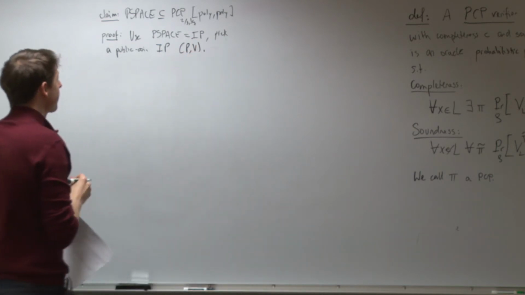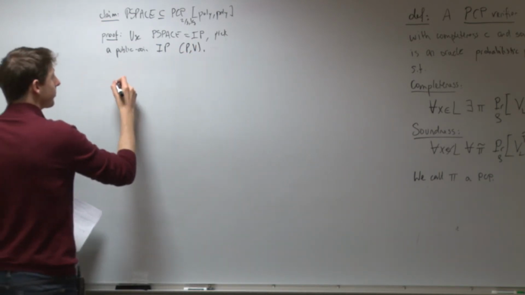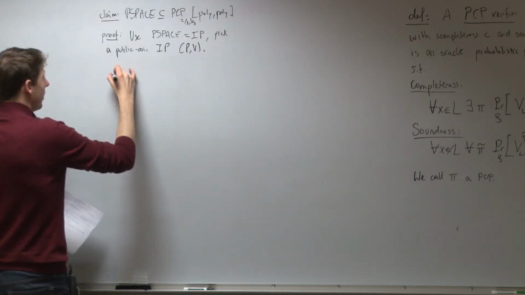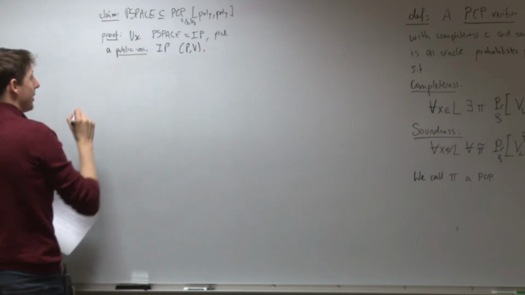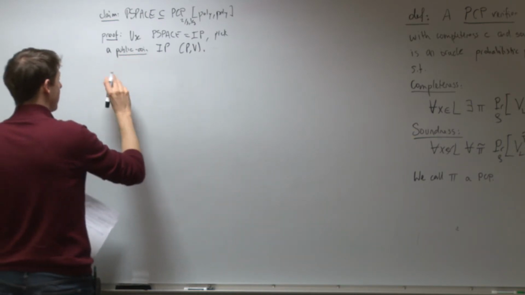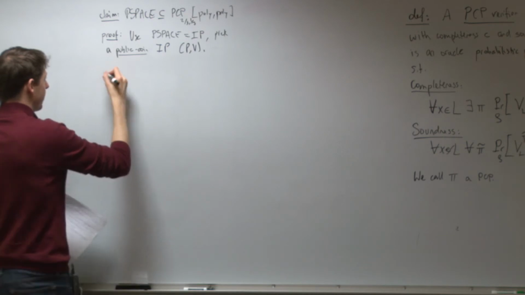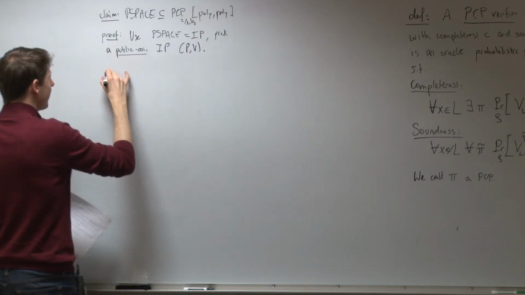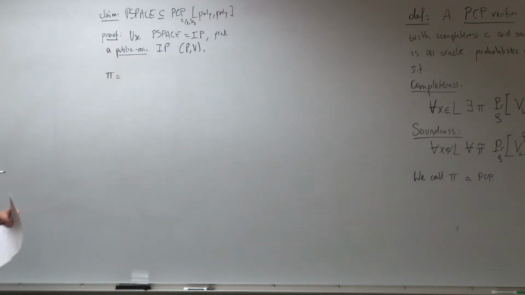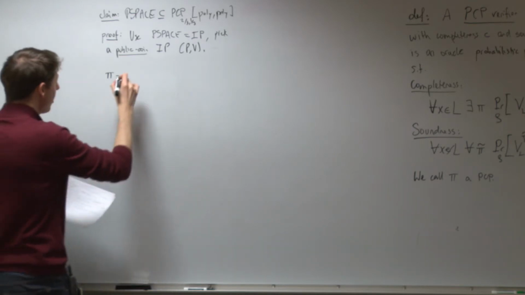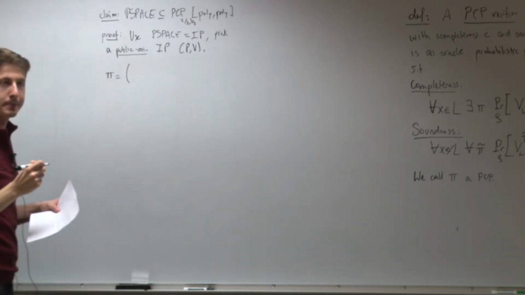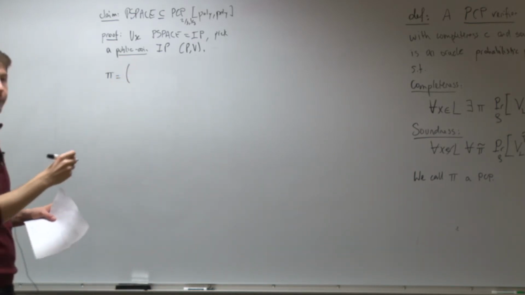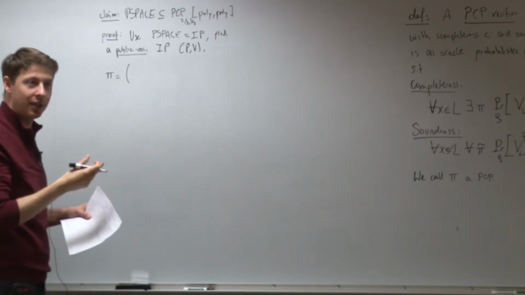I'll explain why it's public coin in a moment. It's actually not super essential, but it helps to think about it like that. Now I want to write down my pi. So what should I put in my pi? The flattened protocol. Now, how do I write a flattened protocol?